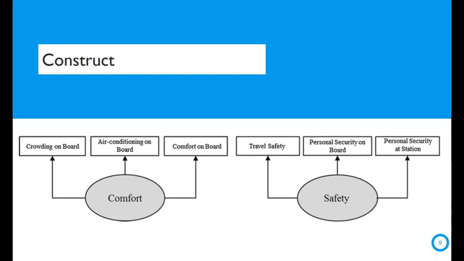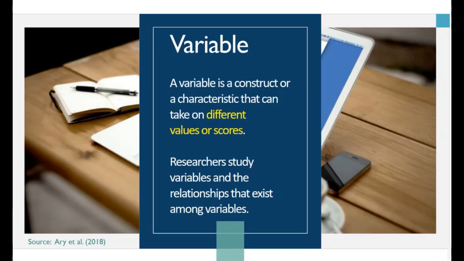Next is variable, which is very important. So what is a variable? A variable is a construct or a characteristic that can take on different values or scores, right?